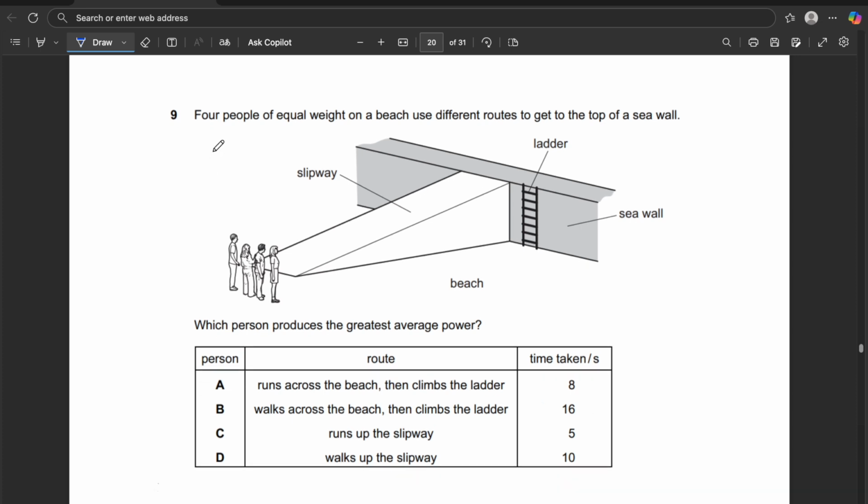4 people of equal weight on a beach use different routes to get to the top of a seawall. Which person produces the greatest average power? So power is equal to energy over time, P is equal to E by T, right?